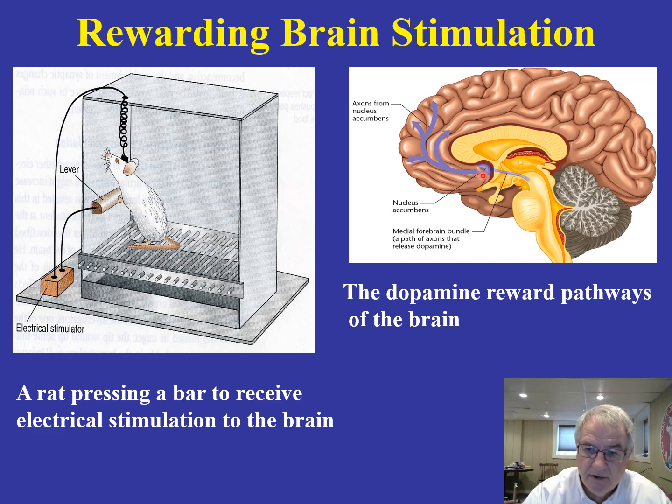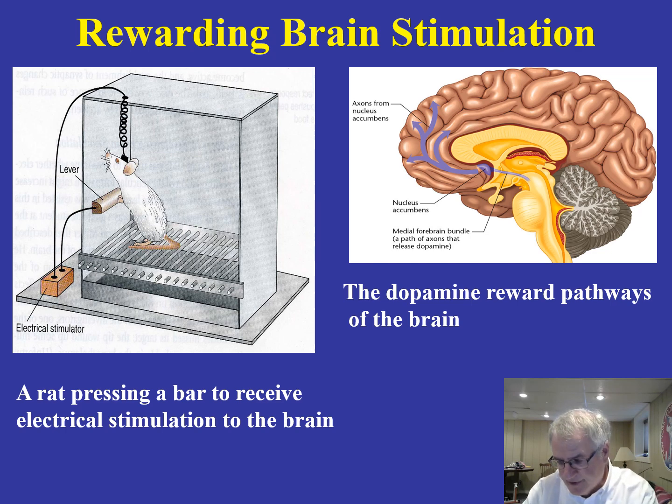And one of the key areas is this area that we see right here, which is called the nucleus accumbens. Here's our medial forebrain bundle that you see right here. And indeed, we know that this is the reward pathway of the brain, and has helped us enormously to understand many, many different types of addiction.